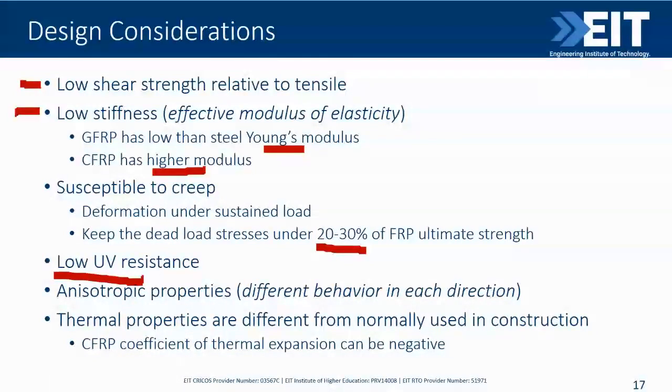Because we said the carbon fiber is negative CTE. So if we mix a sufficient amount of carbon fiber into even the positive CTE matrix, the effective CTE will become negative.